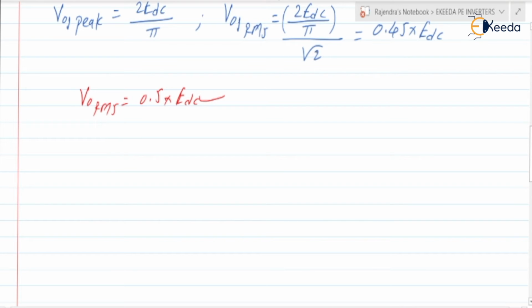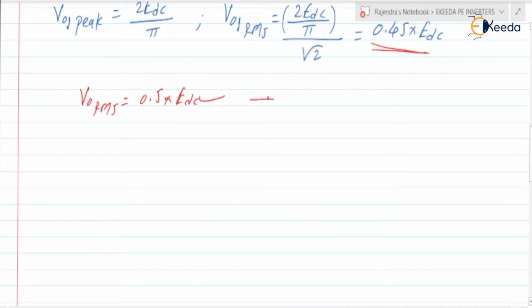What is V01 RMS? It is 0.45 into EDC. So can we say that out of the total output voltage 0.5 EDC, the fundamental is sharing 0.45 EDC? So out of the 0.5 EDC, it is 0.45 EDC.